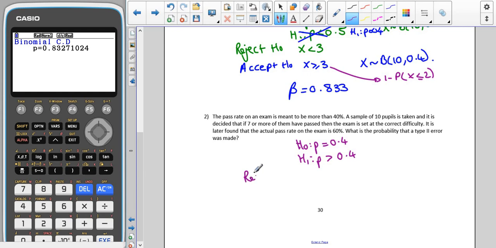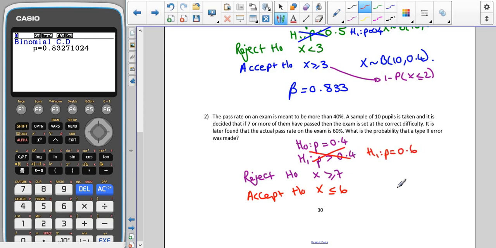So we are rejecting H0 when X is 7 or more, so greater than or equal to 7. So we would be accepting H0, which we need for a type 2 error, when X is less than or equal to 6, and we're told that the pass rate for the exam is actually 60%. So our H1 is actually that P is 0.6.